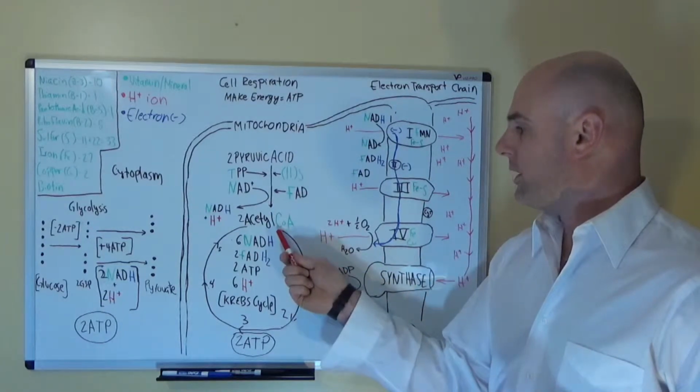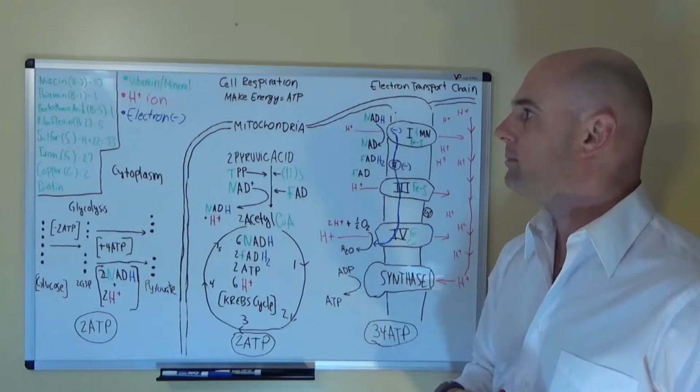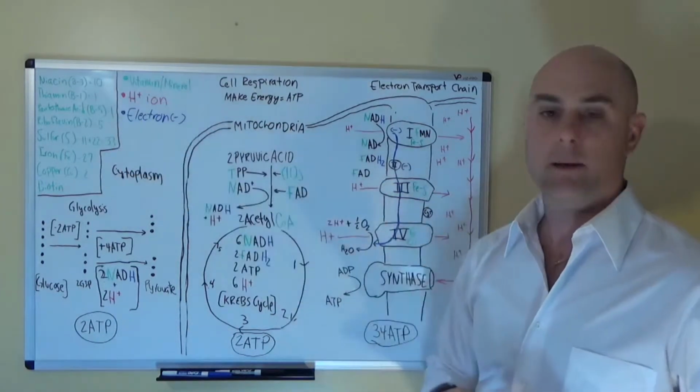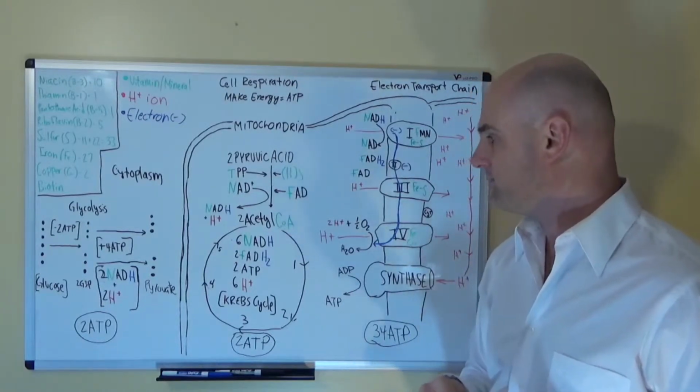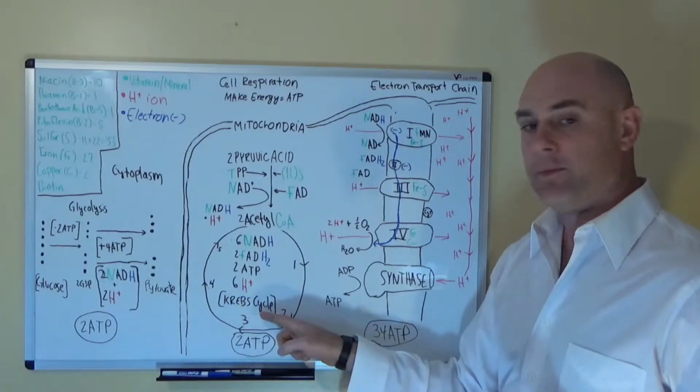Now as you can see here, I have coenzyme A highlighted in green, because coenzyme A is actually made up of B5, or pantothenic acid. Now this molecule enters something called the Krebs cycle.